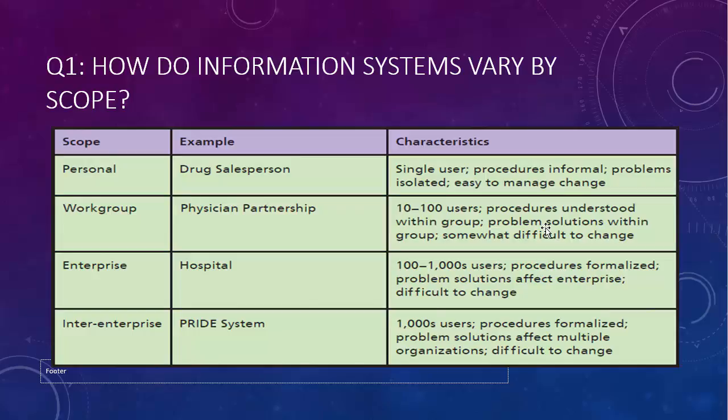Now I was meeting with some people down in the IT area for Western, and they were saying that for some software on this campus they have 100,000 accounts that they have to manage. And so they are definitely in the enterprise or inter-enterprise system.